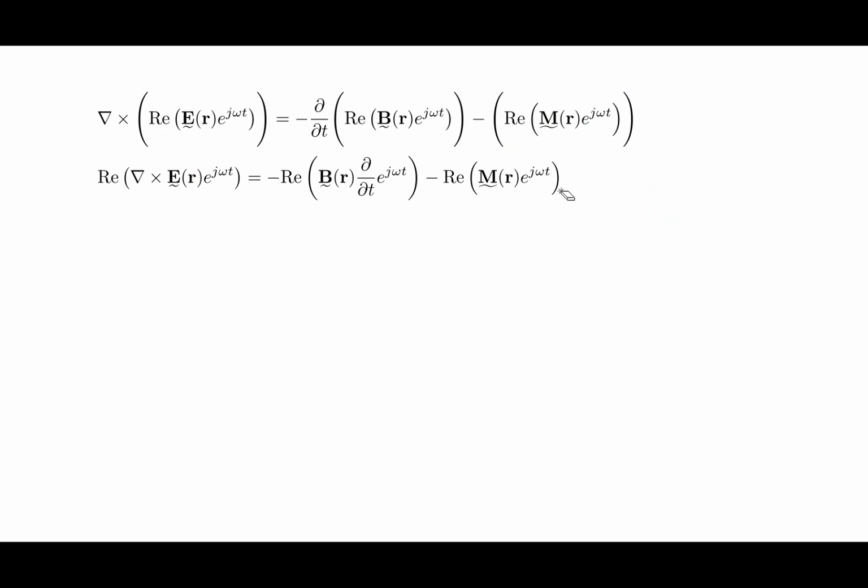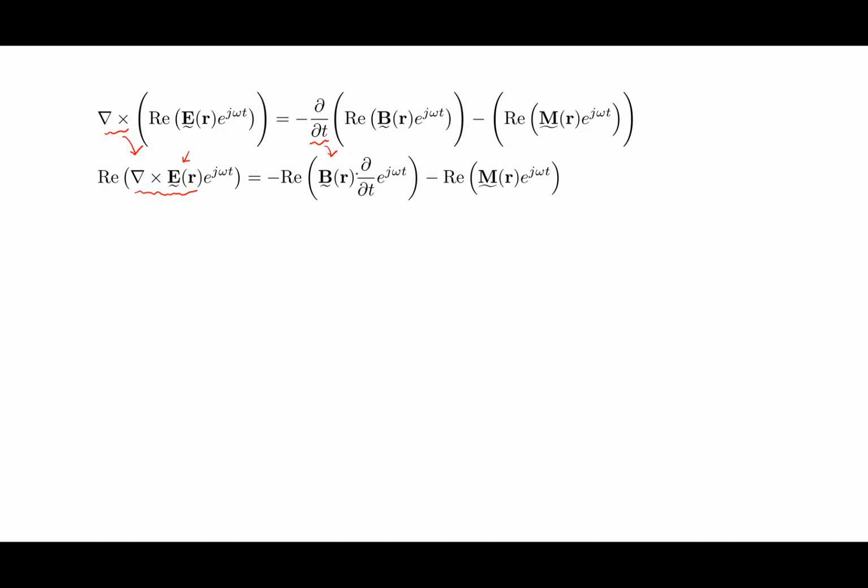Then we move this curl inside the real valued bracket, and also the time derivative term inside the real bracket. This curl is only a function of space, so it only acts on the phasor of the electric field.